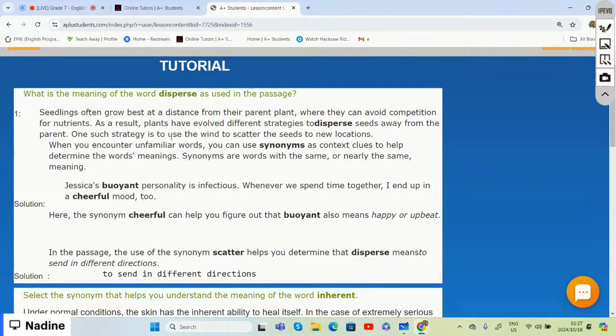One such strategy is to use the wind to scatter the seeds to new locations. If you look at this word disperse and you look at the whole passage, what do you think the meaning of disperse would mean?